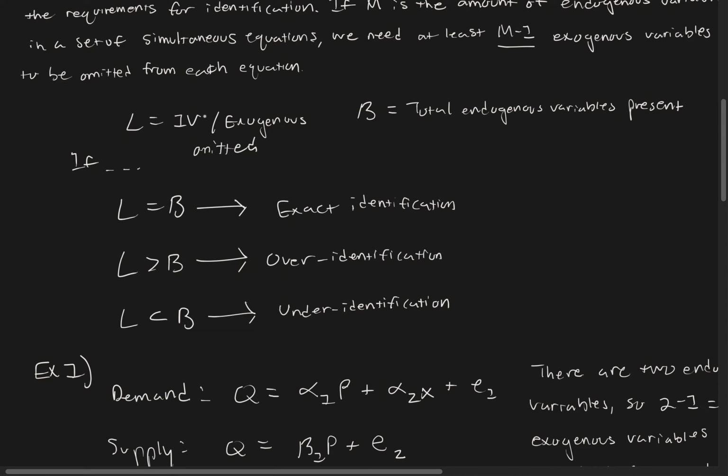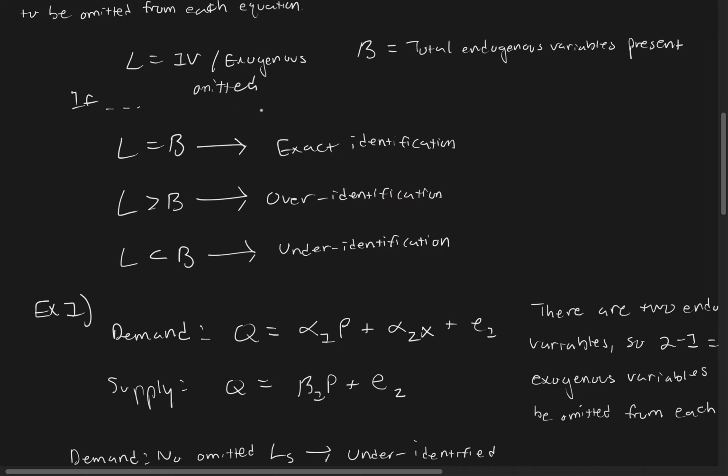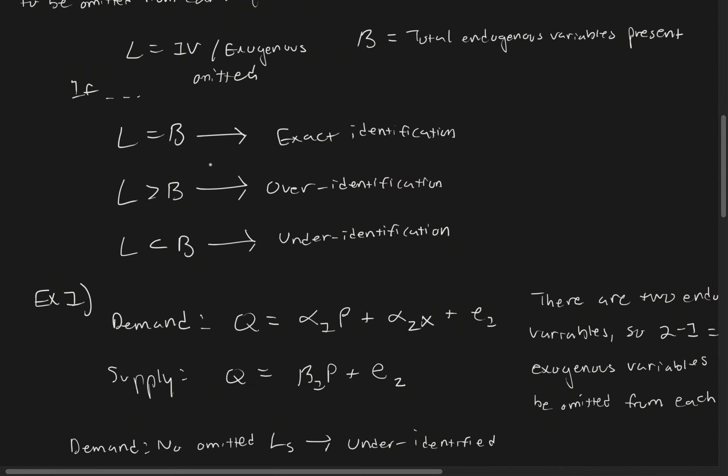So considering these definitions of L and B, if L equals B, then that's what we'll call exact identification. If L is greater than B, if we have more exogenous variables omitted than the total amount of endogenous variables present, that's what we call over-identification, and if it's less, then it's under-identified.